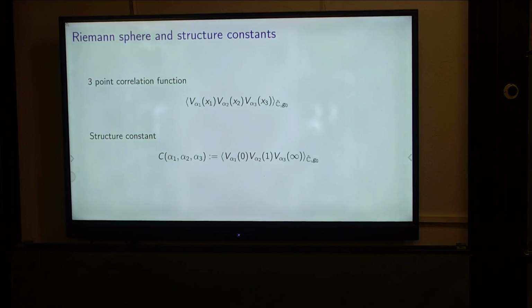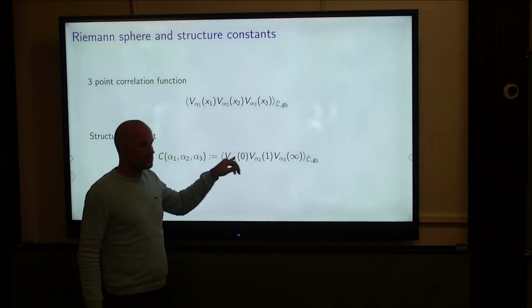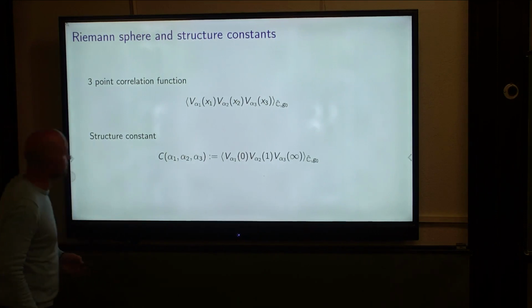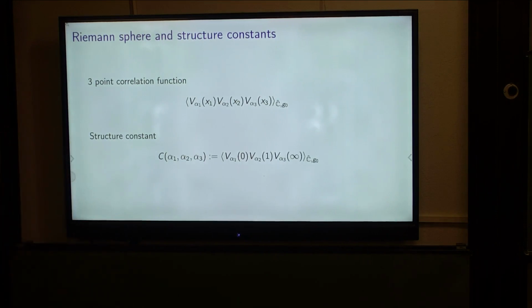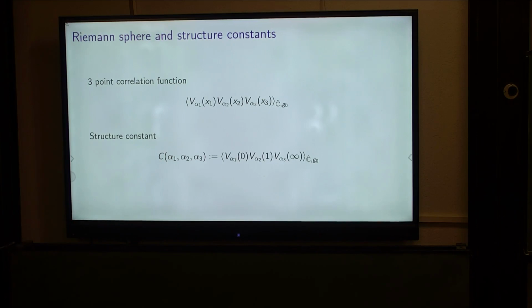So you can choose your favorite 3 points on the Riemann sphere, and you focus on this quantity here. Okay, this is called the structure constant, basically. And you can compute it. I won't explain how, but there was something discussed in the talk before. There will be a talk on the Litvinov-Zamolodchikov formula by Baptiste. There's a proof in math now of your formula.